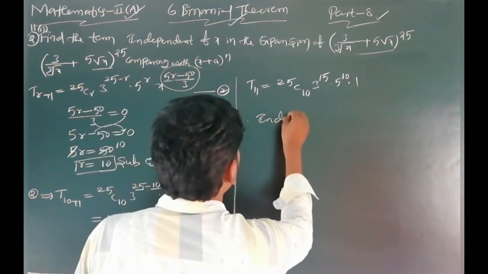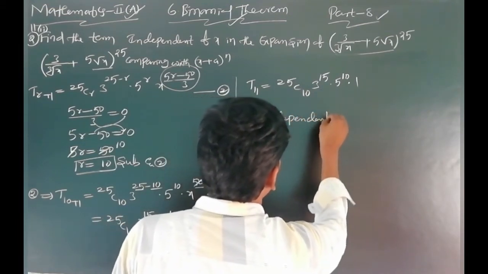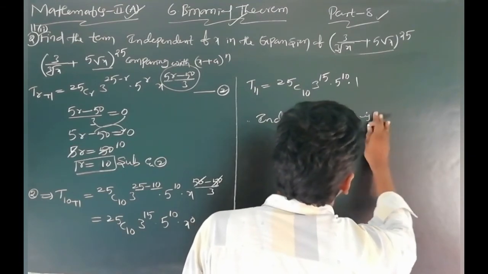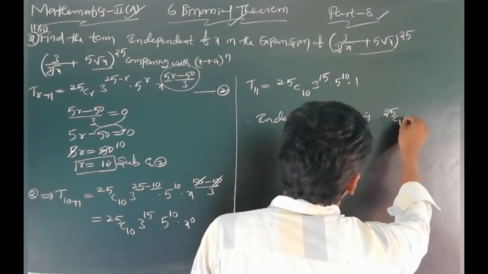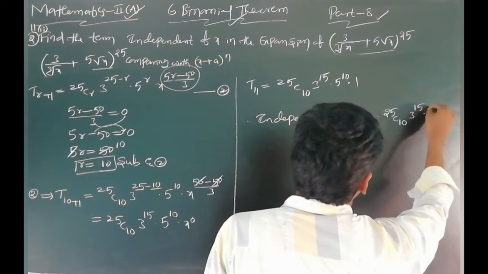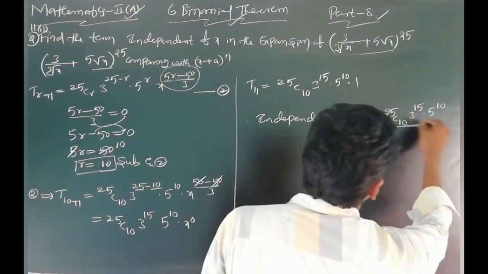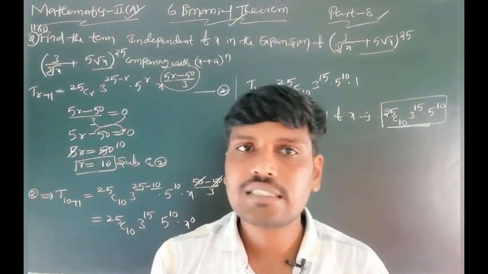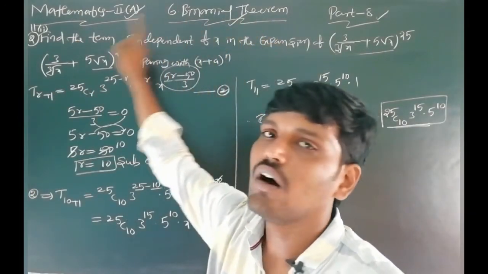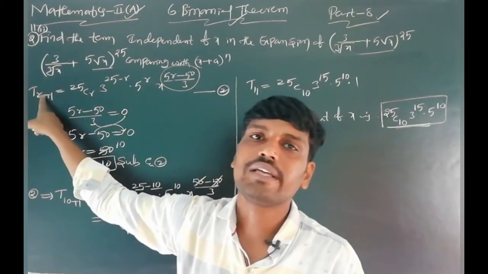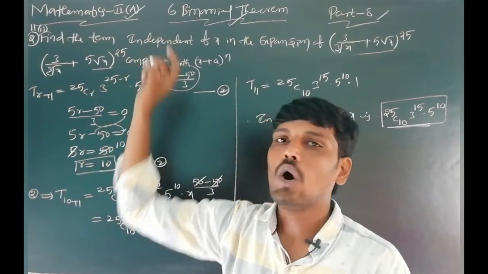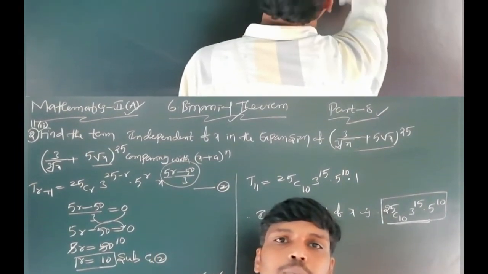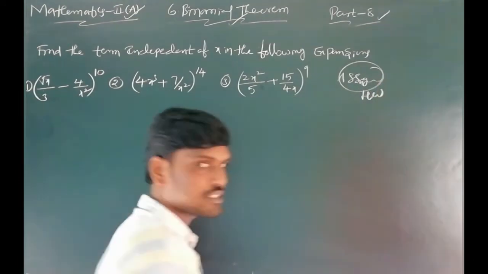Therefore, the independent term of x is 25C10, 3 power 15 into 5 power 10. This is the independent term in the expansion of (3 by cube root of x plus 5 root x) whole power 25.